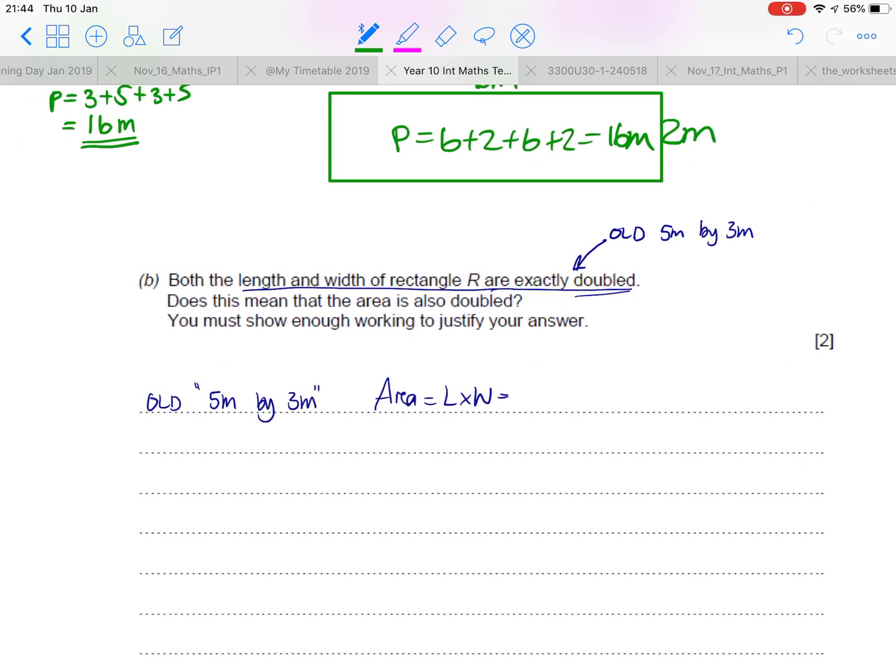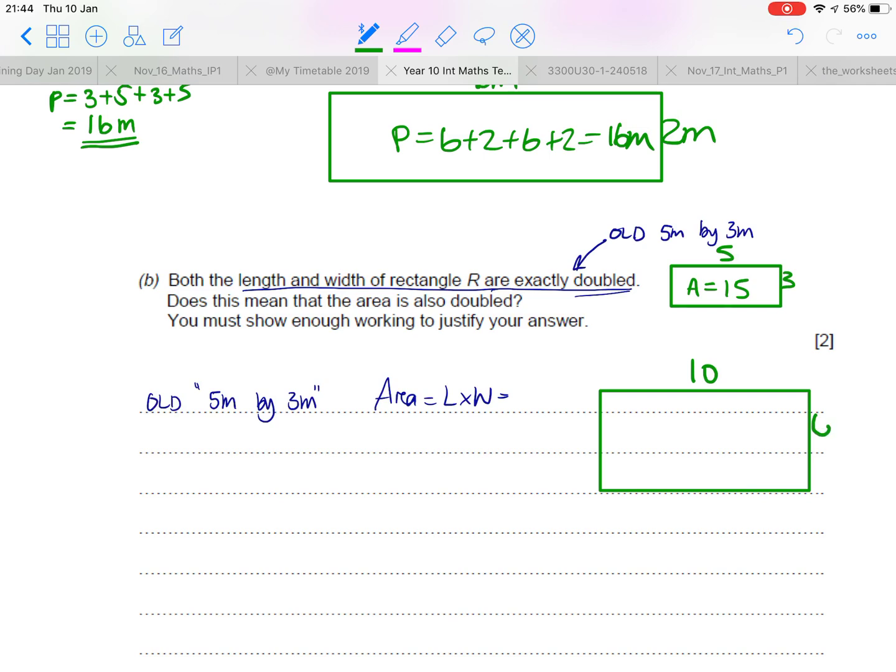In the last part of the question here, the original rectangle was 5 by 3. The new rectangle is to be twice the size, double the length, double the width. So 5 by 3 had an area of 15. 10 by 6 has an area of 60.